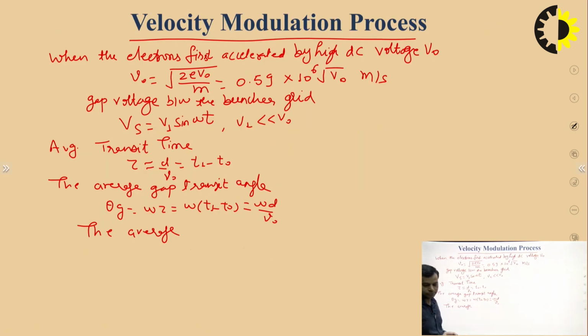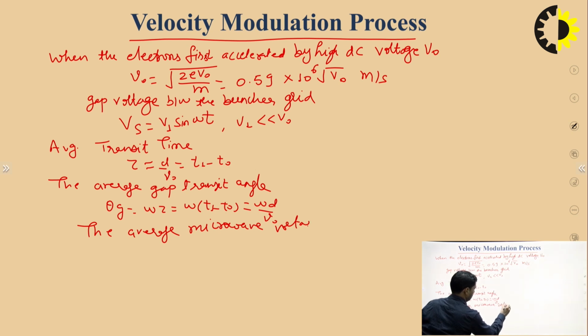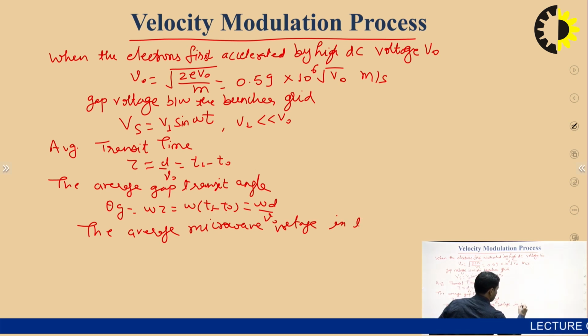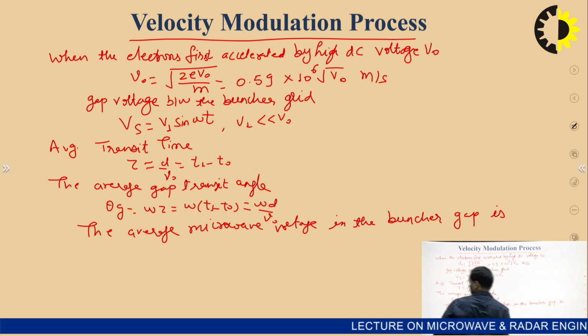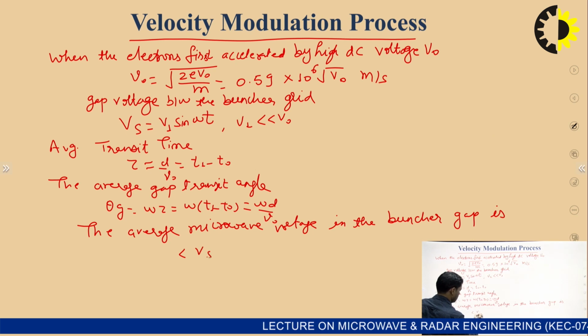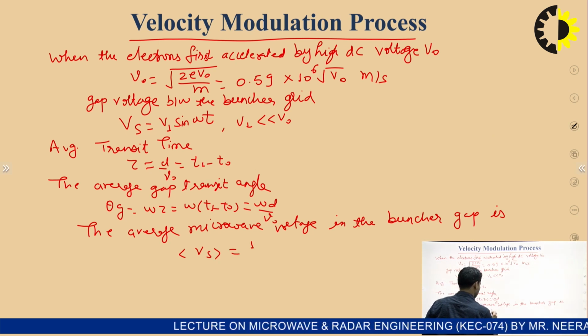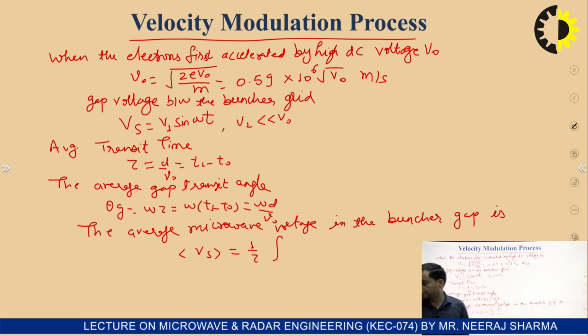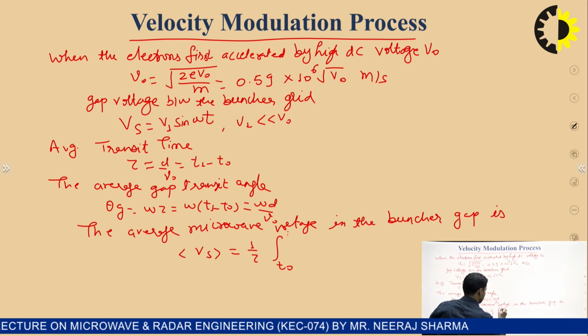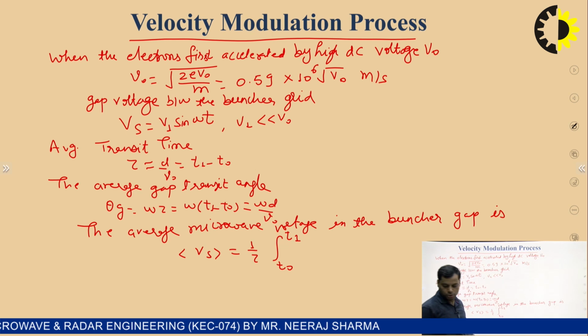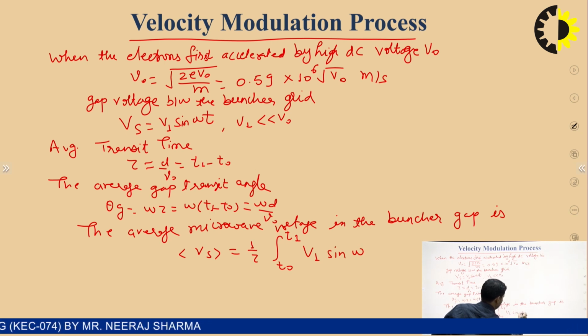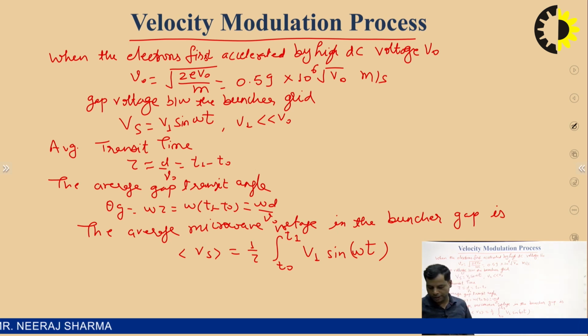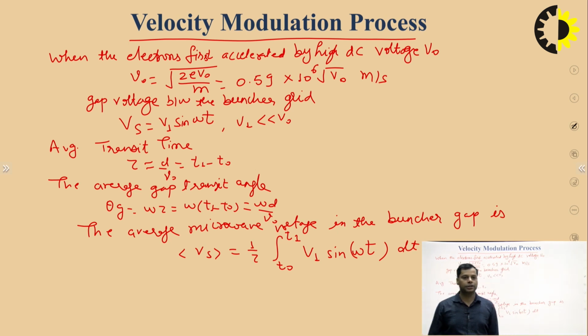The average Vs is given by 1 upon tau, integral from T naught to T1 of V1 sin omega t dt.